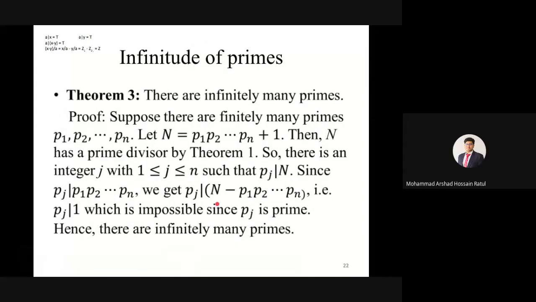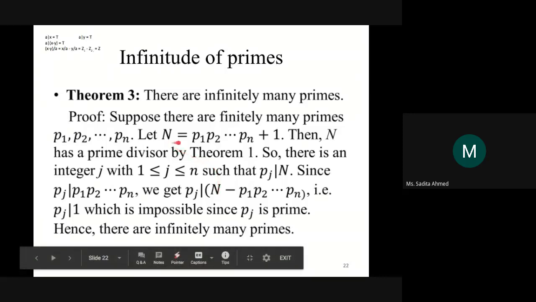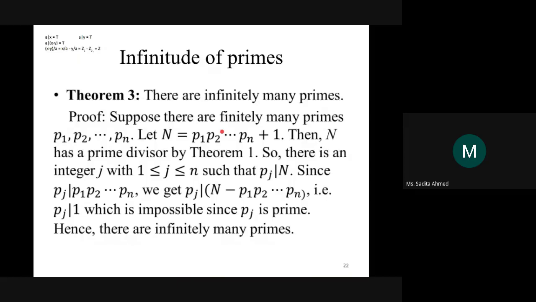Yes, guys, okay. Now what is the difference? n minus the product is exactly 1. However, what is the only number that can divide 1 where the remainder is 0? 1 itself. However, we are saying that pj is a prime number and prime numbers are all greater than 1. But there is no integer greater than 1 which can divide 1 and the remainder will be 0.